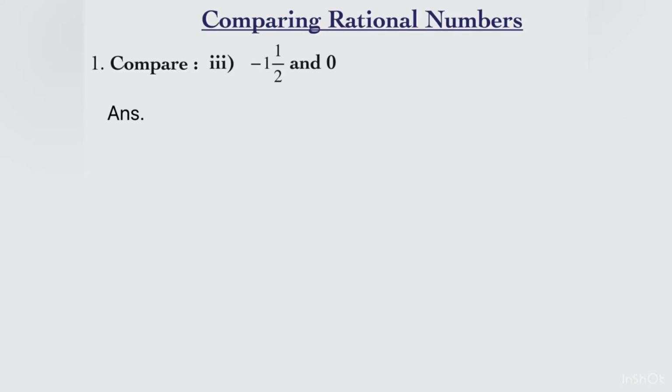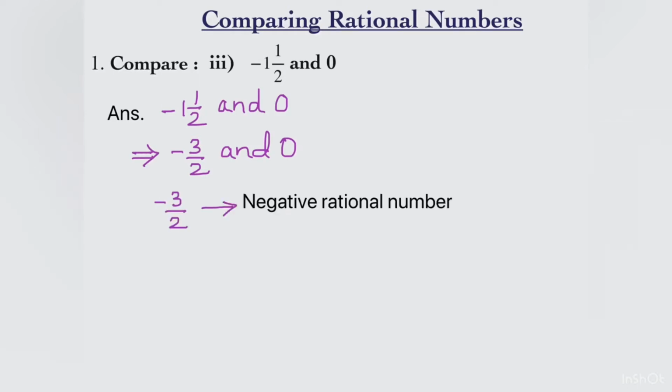Let us now compare minus 1 1 by 2 and 0. That is, we need to compare minus 3 by 2 and 0. In minus 3 by 2 and 0, minus 3 by 2 is a negative rational number.